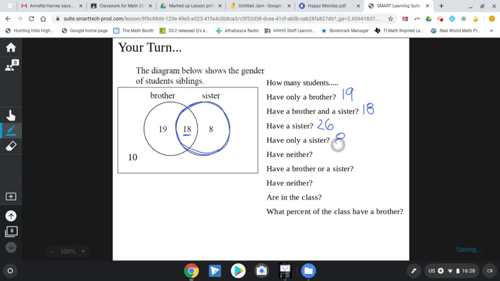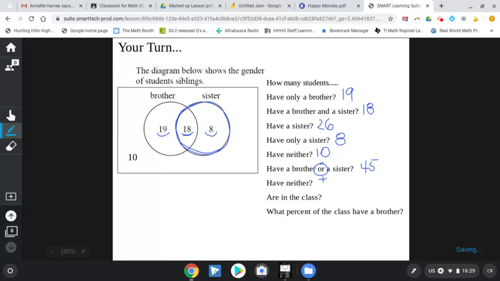That's the 8. How many have neither is 10. Have a brother or a sister? So remember, "or" means add. We're adding all the numbers that are in these circles. So 19 plus 18 plus 8 comes to 45 people.